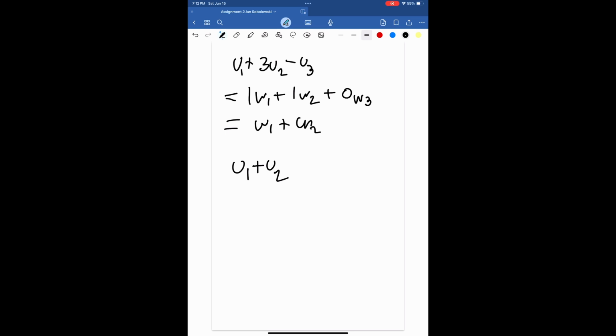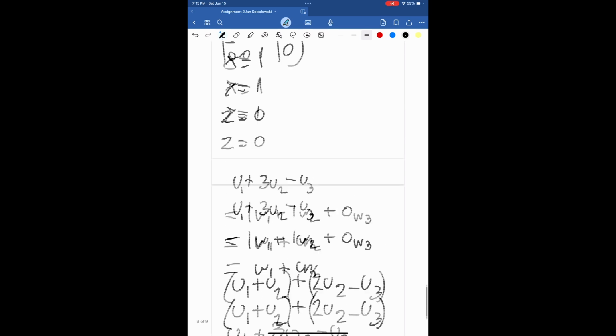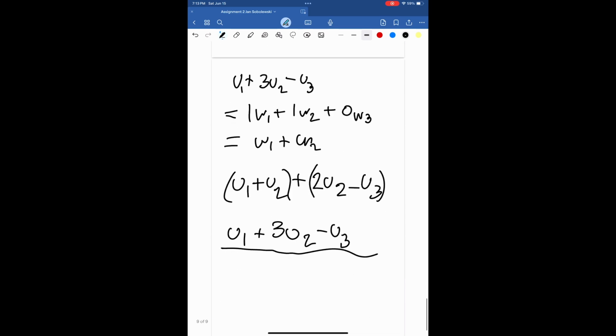Now we want to add this to w2. And look at that, it's black magic. Wow, we got the system, and it's just as we predicted. Thank you, row reduction.